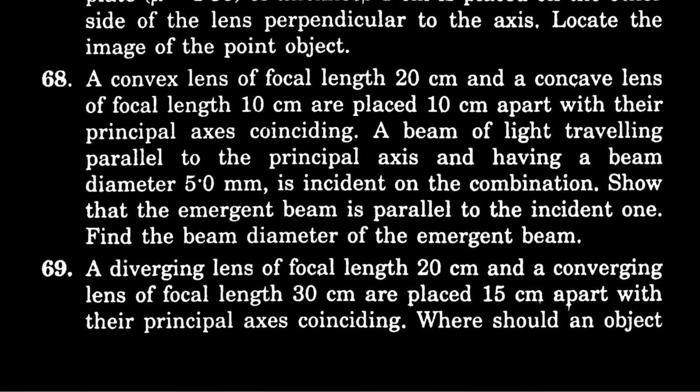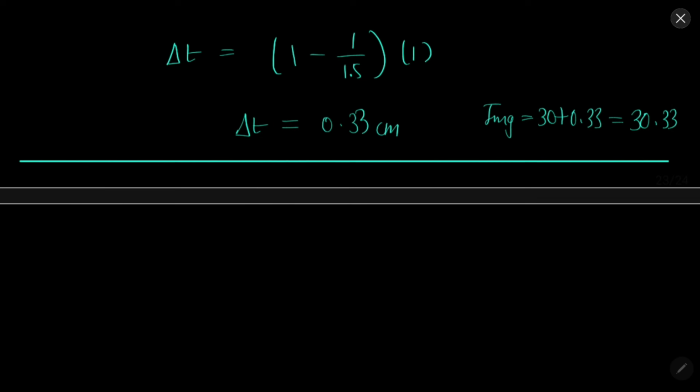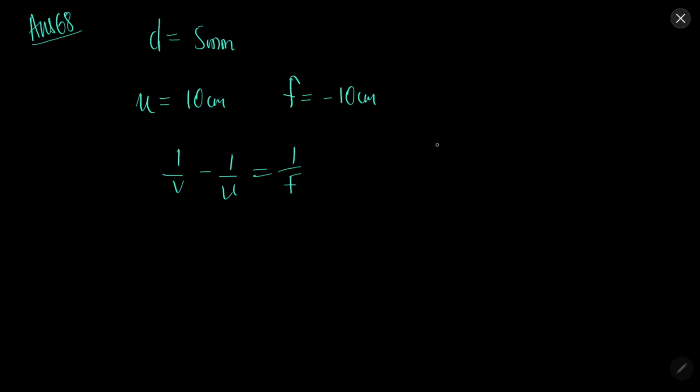In question 68, a convex lens is given and a concave lens is also there. Find the beam diameter of the emergent beam. Solution 68. Let the diameter of the beam be 5 mm. Now u is 10 centimeters, f is minus 10 centimeters. 1/v minus 1/u equals 1/f.